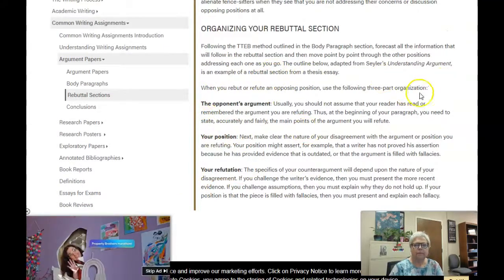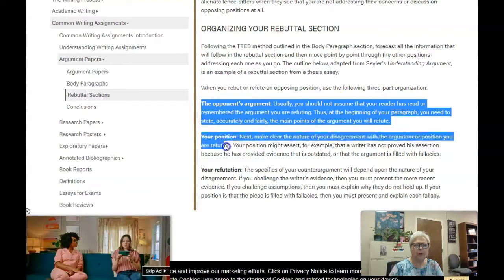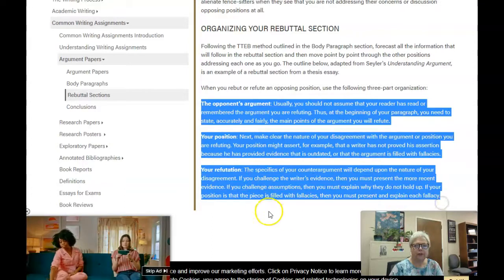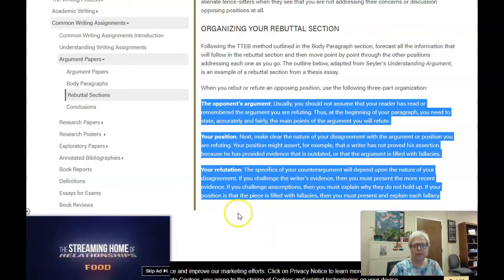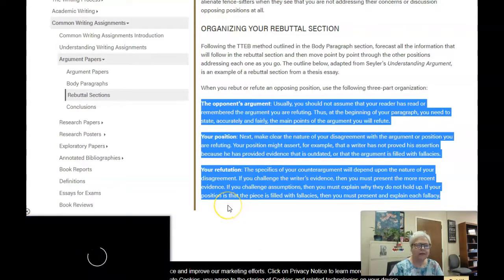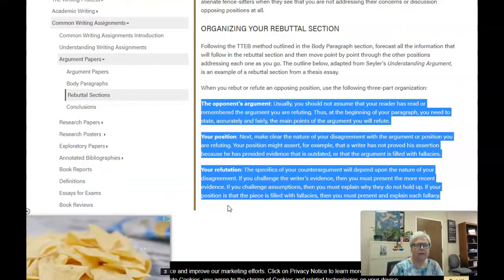So here is the important part: the opponent's argument, your position, and your refutation to that. Maybe the person is wrong because they are just not seeing things correctly.